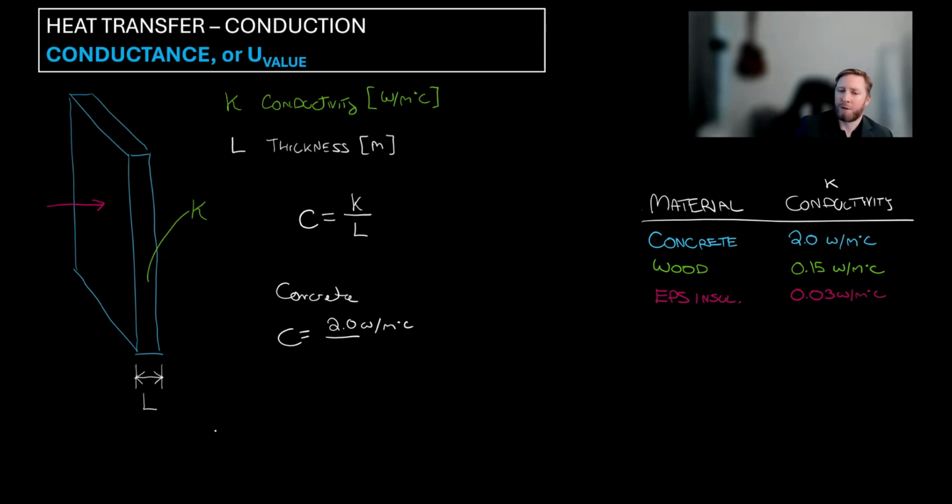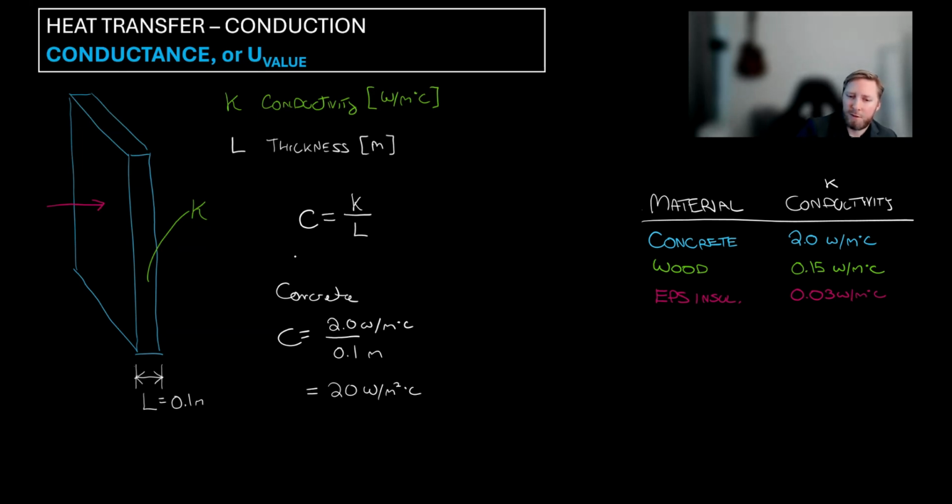For every application, there's probably going to be a thickness associated with it. In this case, let's assume the thickness of this wall system is 0.1 meters. If I do the math, that is equal to 20 watts per meter squared degrees Celsius.